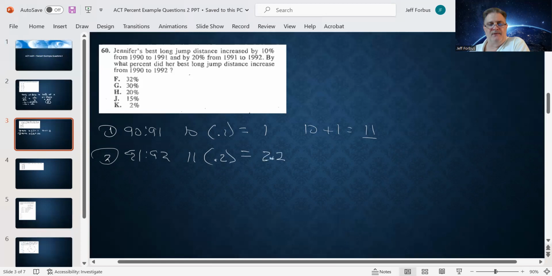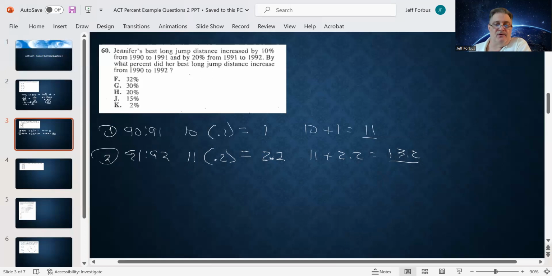All right, so 2.2. Now add that to 11. And that's going to be 13.2. So in 91 to 92, she started at 11 feet, increased by 20%, giving 13.2 feet that she jumped.